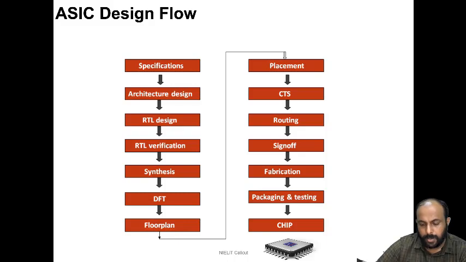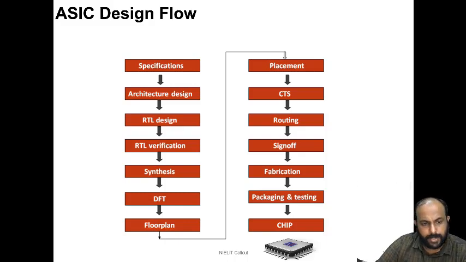For example, the architecture of a microcontroller may carry memories, arithmetic and logic units, registers, control units, and data path units like adders, multipliers, and so on. This logical breakdown is given to another team of RTL design engineers.